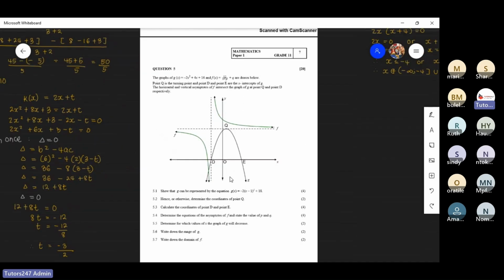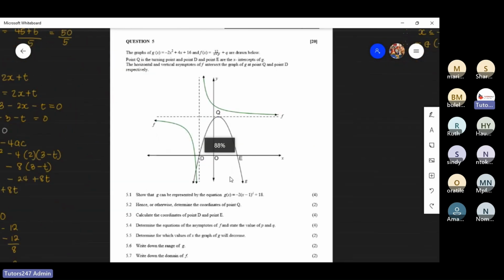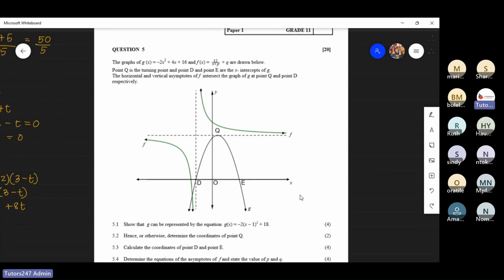Now, we have question 5. Question 5 states, the graph of g of x is equal to -2x squared plus 4x plus 16, and f of x is equal to 12 over x plus p plus q are drawn below.